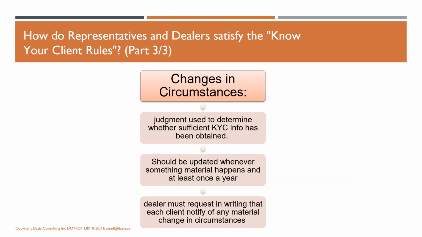How's everything going? Any changes to their situation? They got a new job, or their risk tolerance changed. So you should be updating the KYC on an annual basis at least, or whenever they do a trade. And the dealer must request in writing that each client notify of any material changes in circumstances. So if there are any changes, they should inform you, right? So this also is very important.